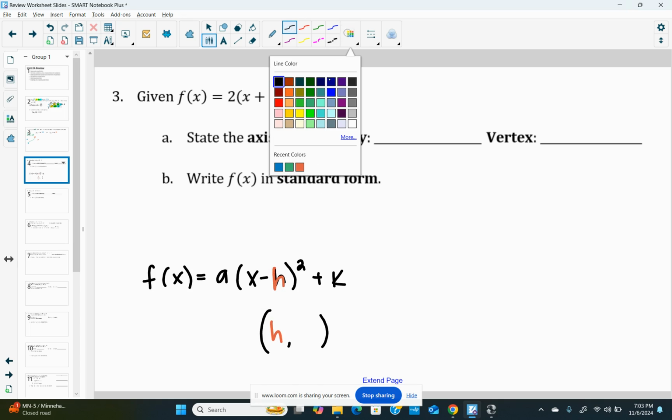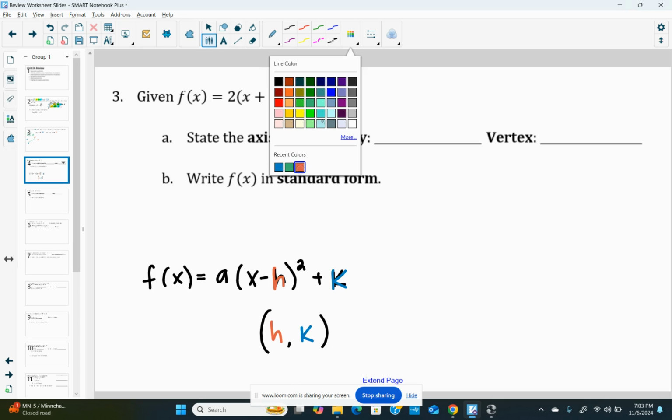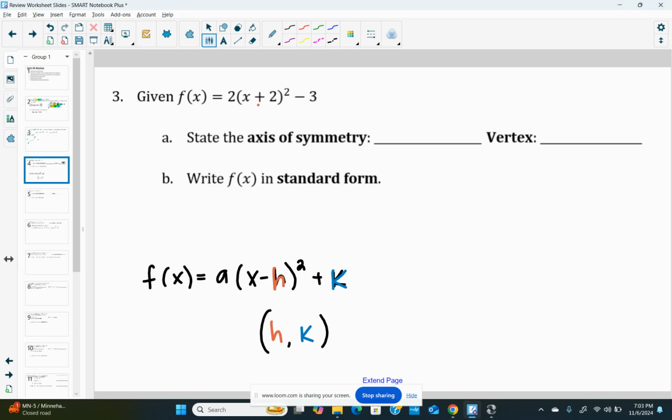And then the k value here is the y value of your vertex. So in this case, we have a positive 2, which means that we actually plugged in a negative 2 into that. And so that's our x coordinate of our vertex. And then the y coordinate of the vertex is negative 3.